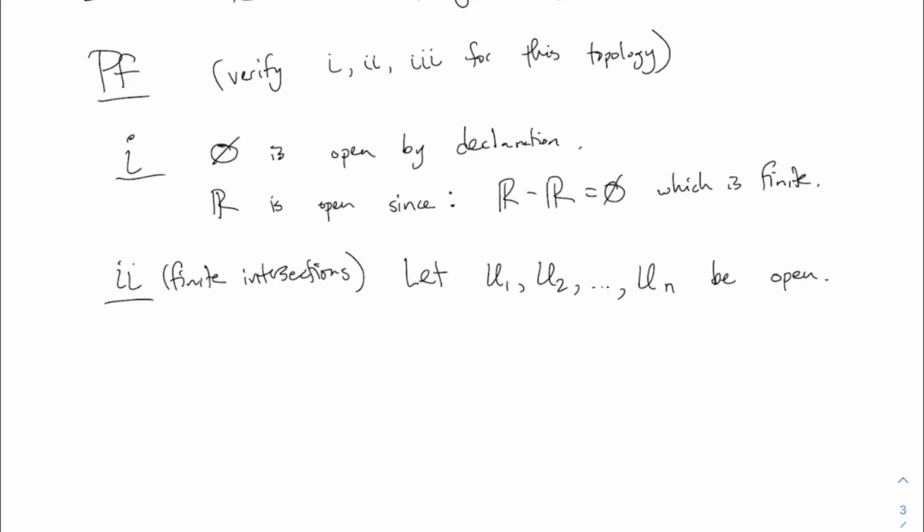Finitely many sets. That's why I only go up to UN. For the unions, you have to consider even perhaps infinitely many things. But for the intersections, you only need to consider finitely many things. So I let these be open. I want to say a bunch of stuff, eventually concluding with then U1 intersect blah blah blah intersect UN is open.